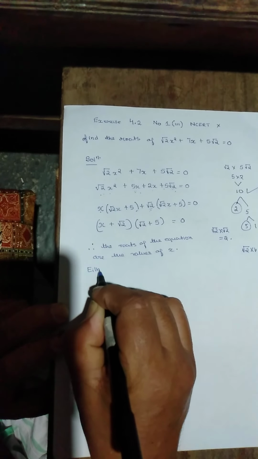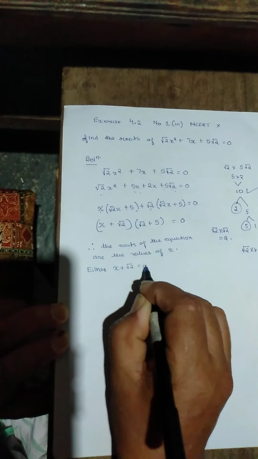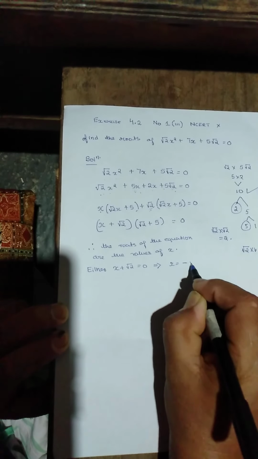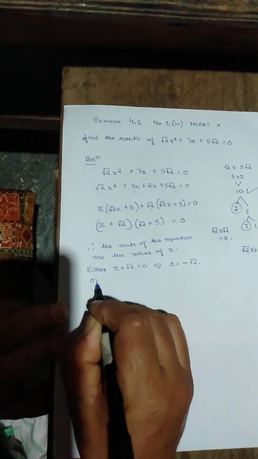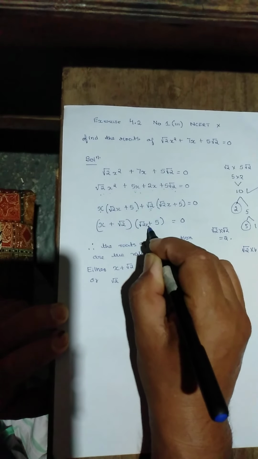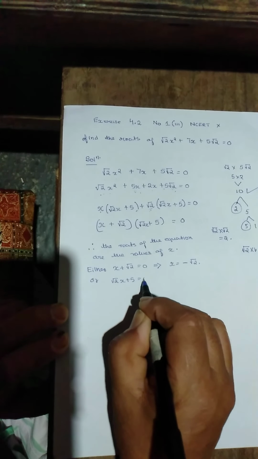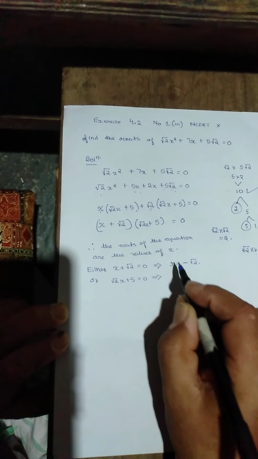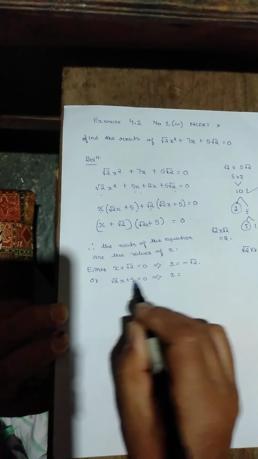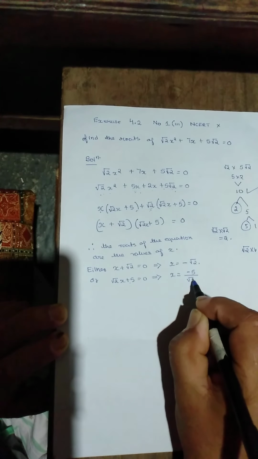Either x plus root 2 is equal to 0, which can be implied as x is equal to minus root 2, or root 2x, sorry about that, I didn't write the x here, root 2x plus 5 is equal to 0, which can be implied as x is equal to 5 comes this side and becomes minus 5 upon root 2.